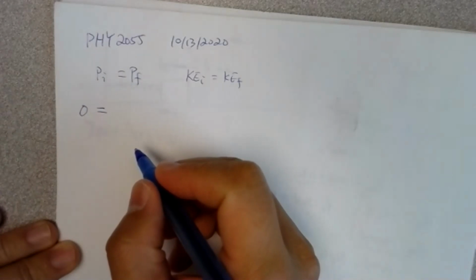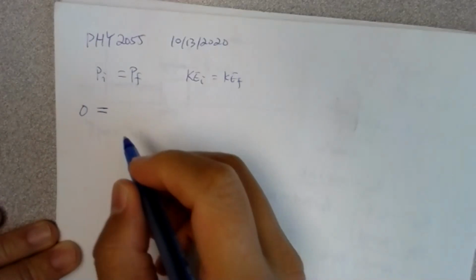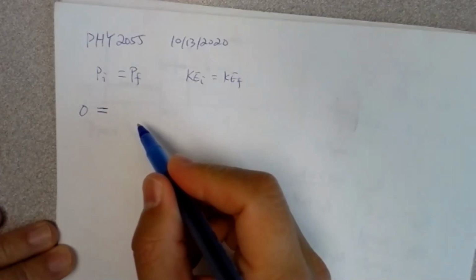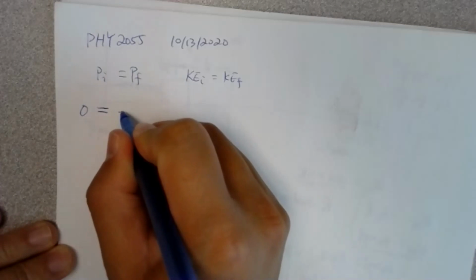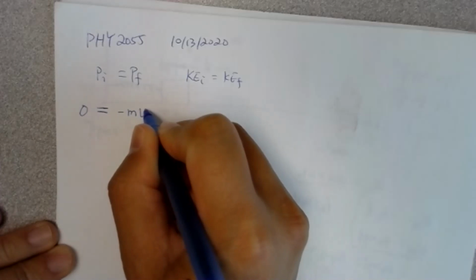Now for the final condition, you can see the small cart on the slides. If you have the slide pulled up on your end, you can see the small car is going to the left, right? So if you take right to be positive, then you'll have minus small m times v of the cart, okay?